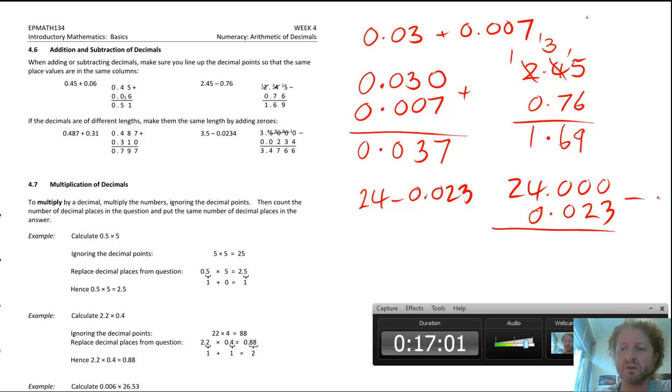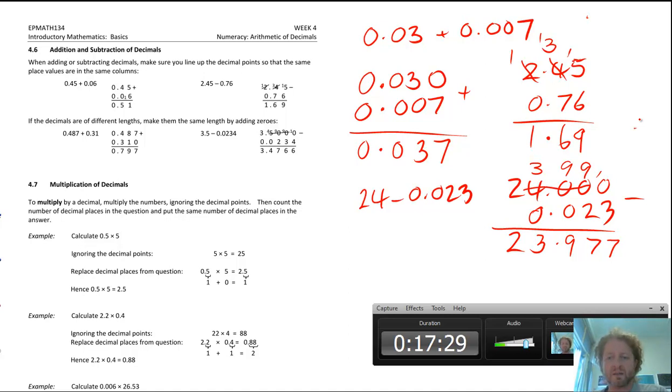Since it's a subtraction, I know I need some noughts on the top to play with. And if I again use the trading method, I look to the left and try and steal from there, but I can't steal from there, so I look to what's to the left of my 0, and I go, oh, what about that entire 400? Take it back to 399. And where does the 1 I just stole go? Right there. 10 minus 3 is 7, 9 minus 2 is 7, 9 minus 0 is 9, 3 minus 0 is 3, 2 minus nothing is 2. Okay, so there's some examples there.